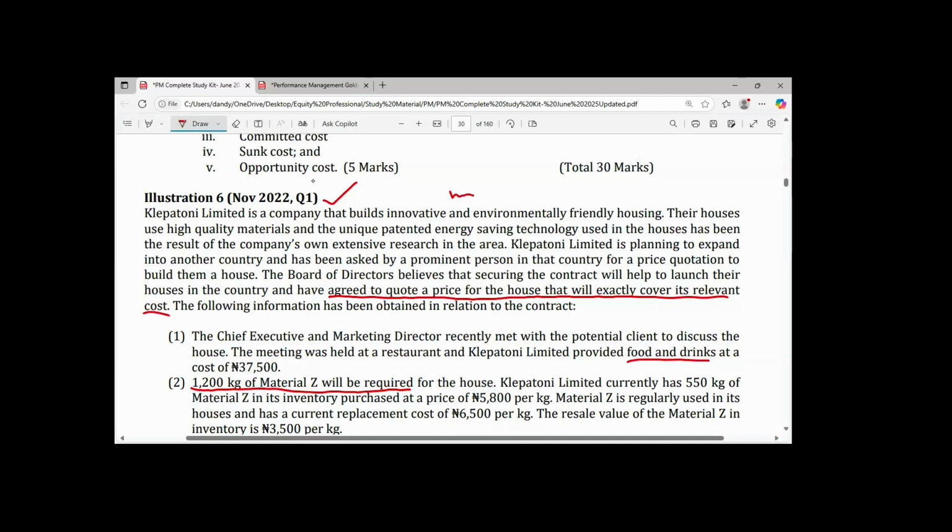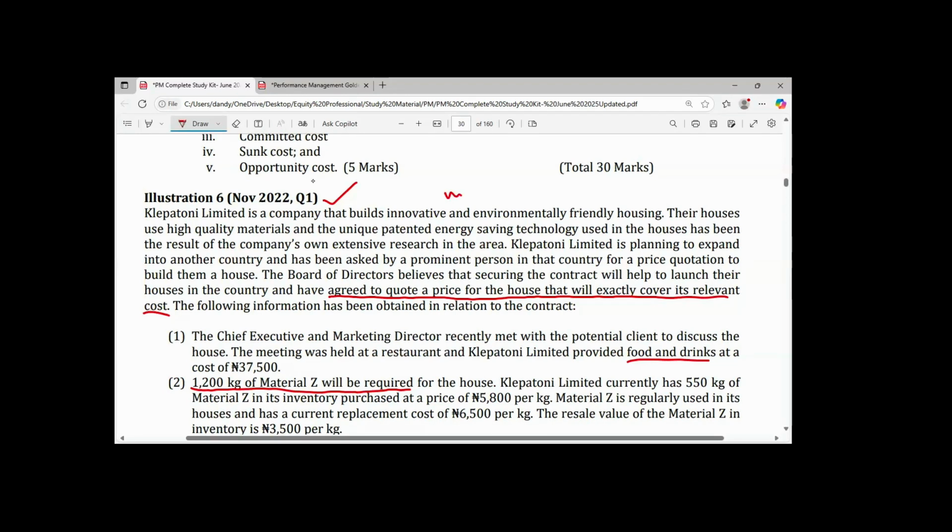That's on one side. The second exam tip I showed you last week was that when you are given a table in a question under relevant cost, mostly all the figures in the table are irrelevant, except there is no other cost or no other figure other than what you have in the table.